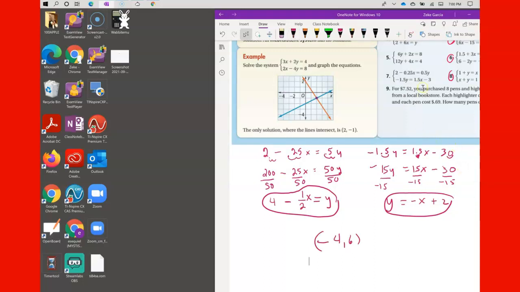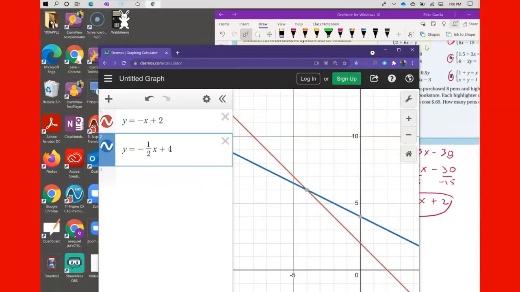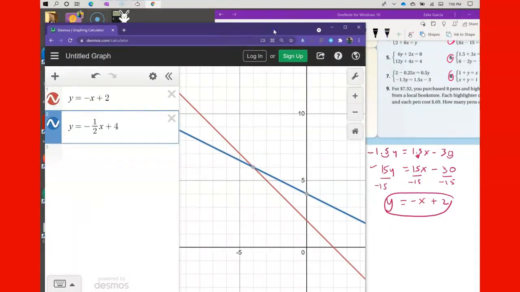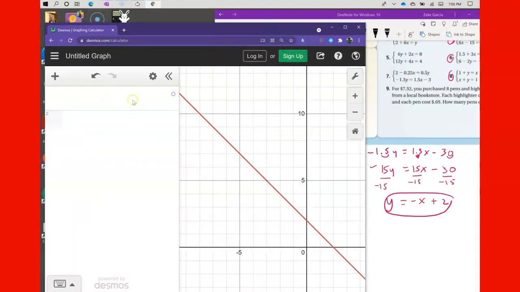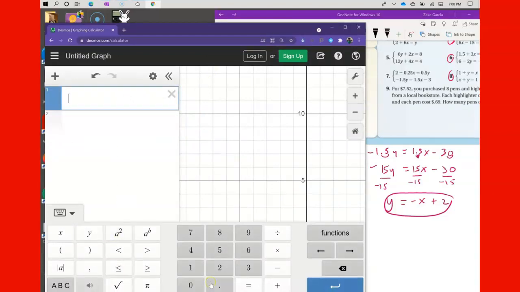Now, if you want to check it, and I keep on repeating myself because I want you to make sure that you know how to check it without having to do all your work. So this is how you check it. 2 minus 0.25x equals 0.5y. And then you have negative 1.5y, right?